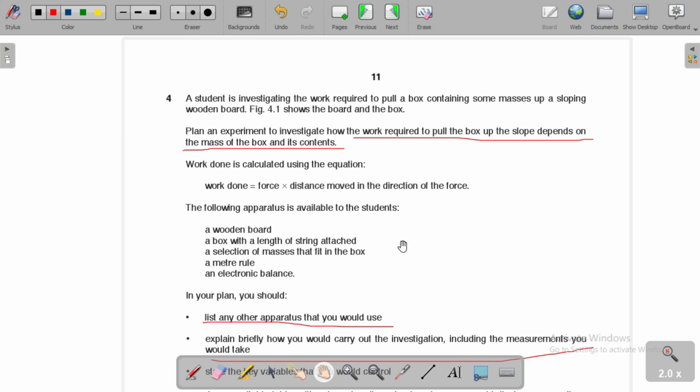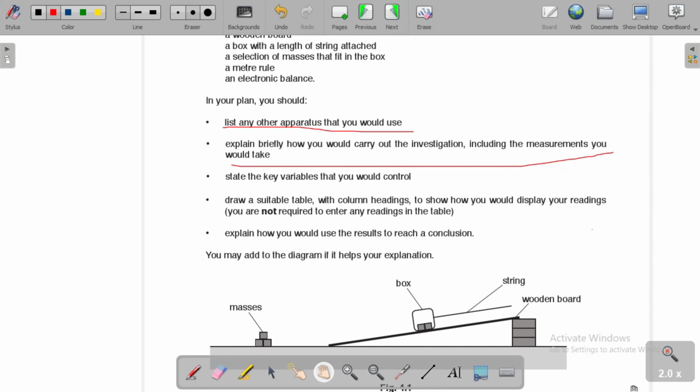The following apparatus is available to the students: a wooden board, a box with a length of string attached, a selection of masses that fits in the box, a meter rule, and an electronic balance. In your plan, you should list any other apparatus that you would use. You should take note of this.